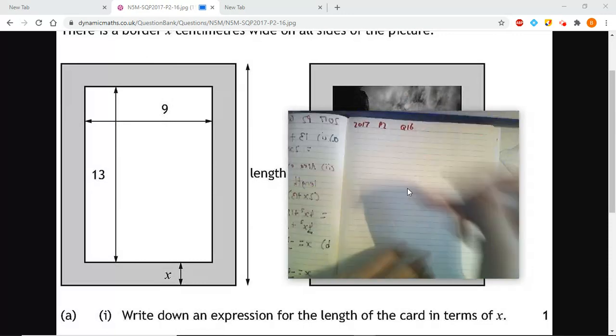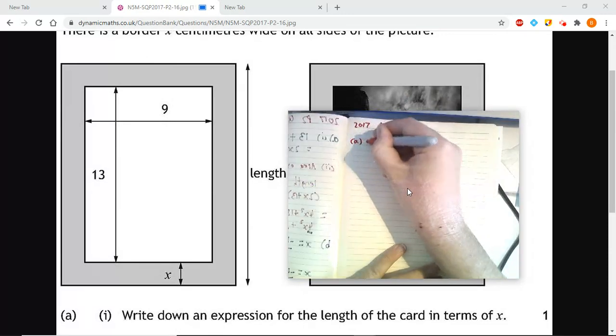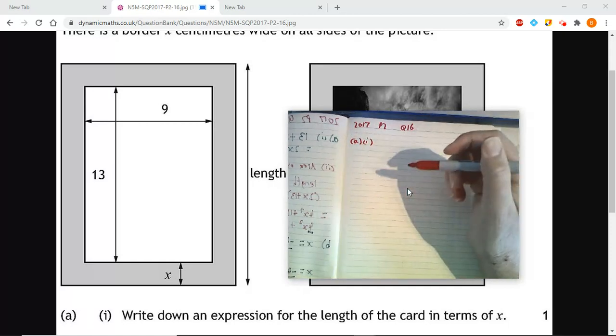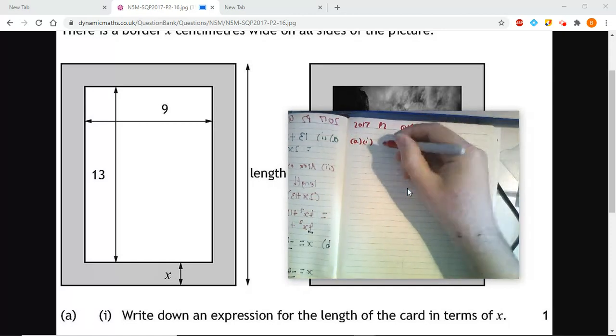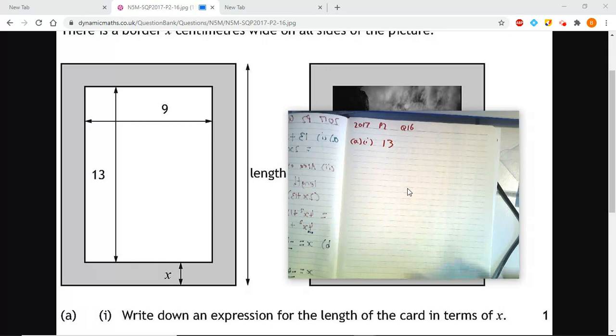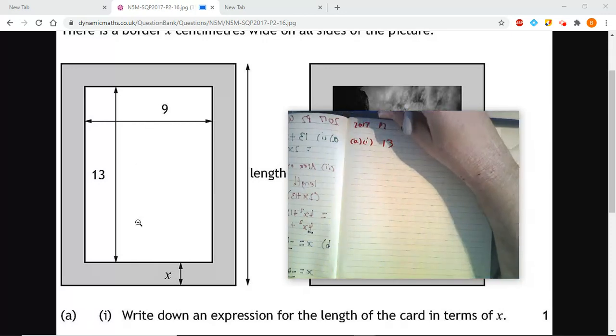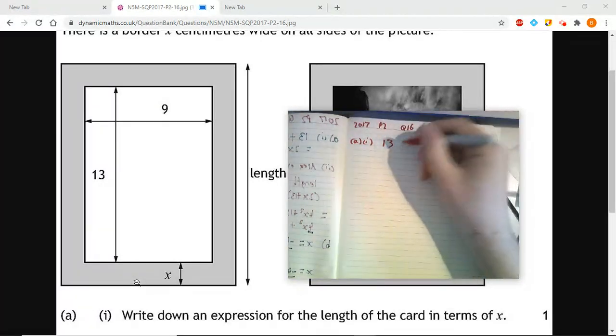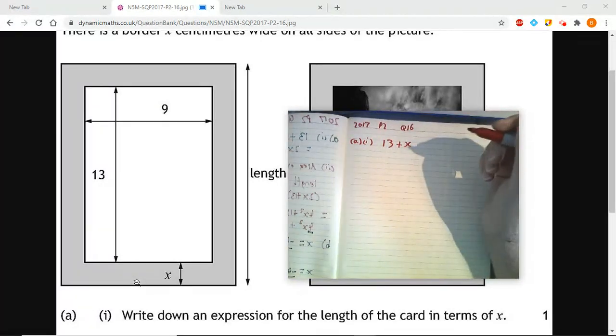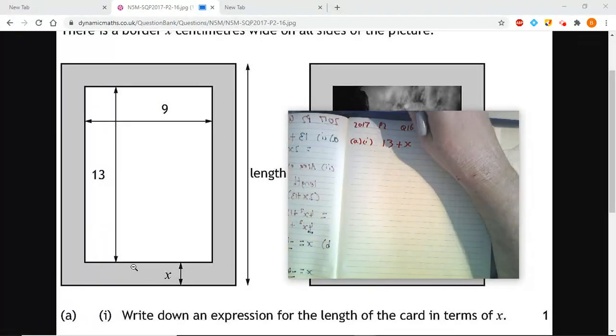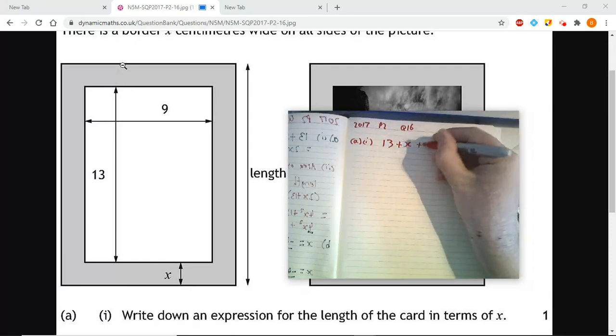Okay, so let's have a think. Question A1. What is the length of the piece of card? Well, it's definitely 13. So it definitely involves this length of 13 here, plus x, this distance, but also this distance here, plus another x.